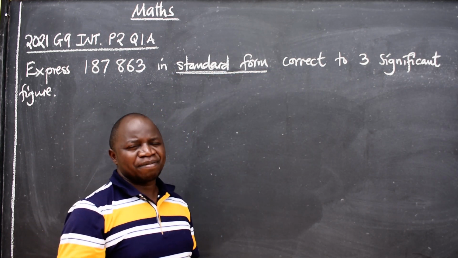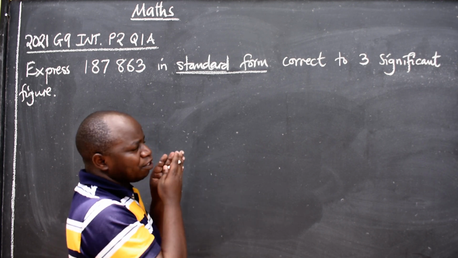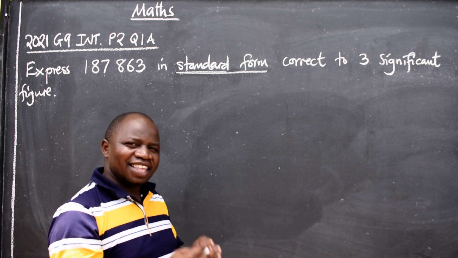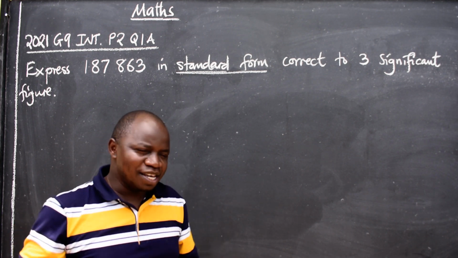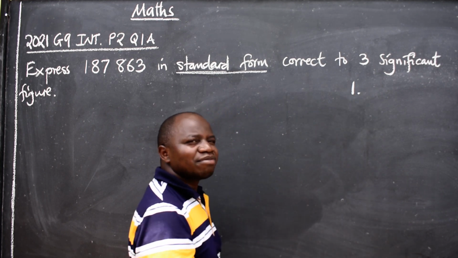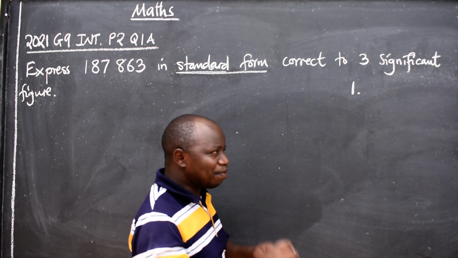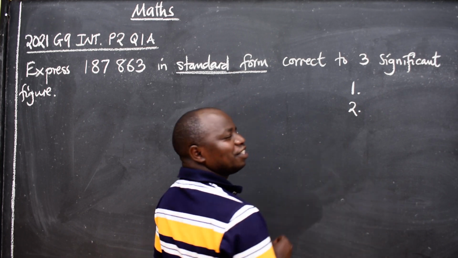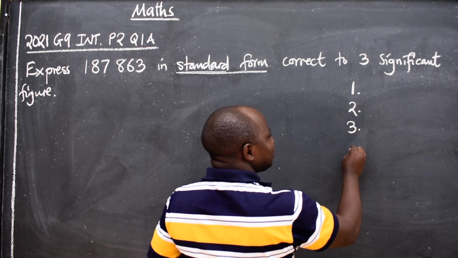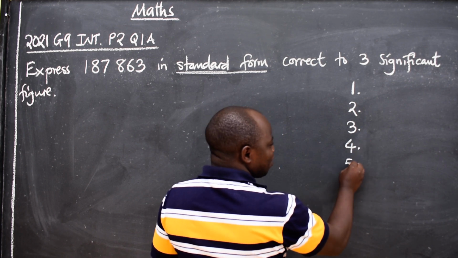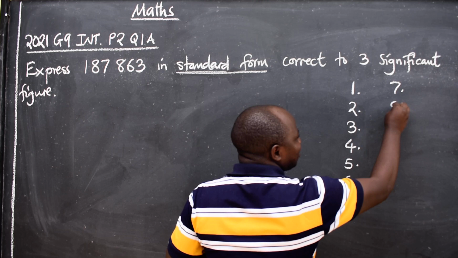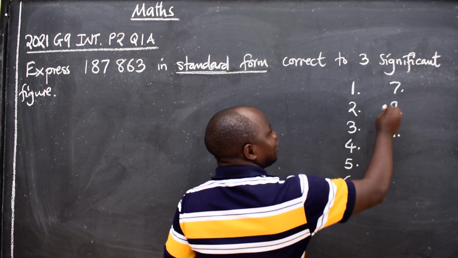First thing, whenever you are expressing any number in standard form, that number must always be 1 point, 2 point, 3 point, 4 point, 5 point, 6 point, 7 point, 8 point, 9 point.